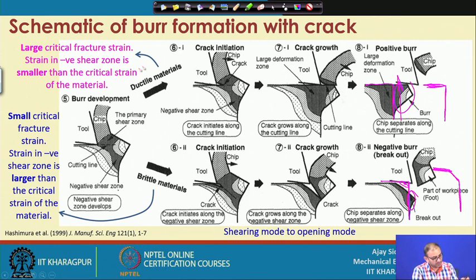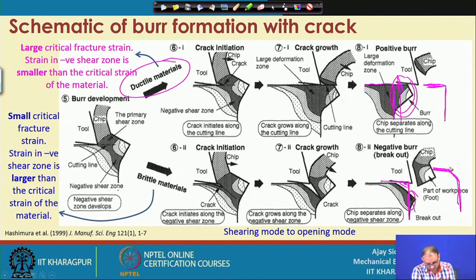So if you consider ductile material machining and you end up with this type of exit burr, there is a chance that you can still use this component, with the condition that the deburring operation does not destroy the actual component and removes the burrs only. But in this particular case, some material which should stay on the surface is also removed as part of the chip, so you are getting a dimensionally inaccurate component.